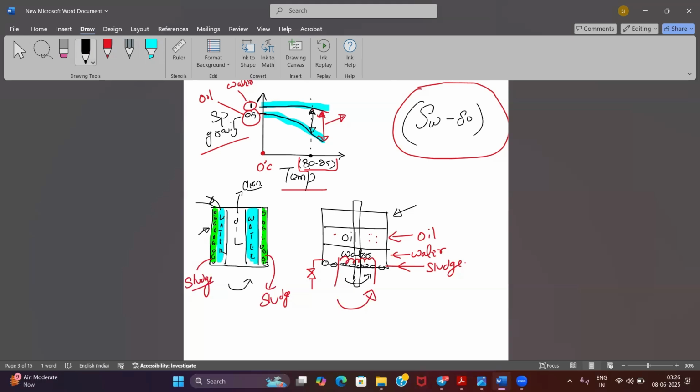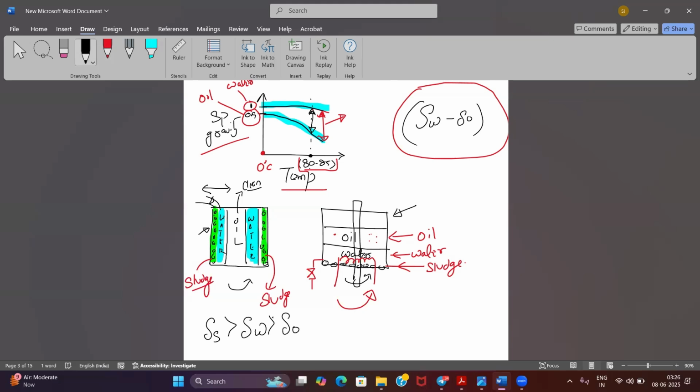So the density of sludge is greater than the density of water, which is greater than the density of oil, and in this same sequence, the components are making the interface.